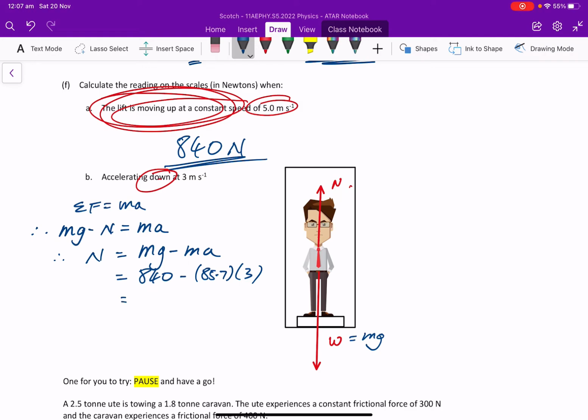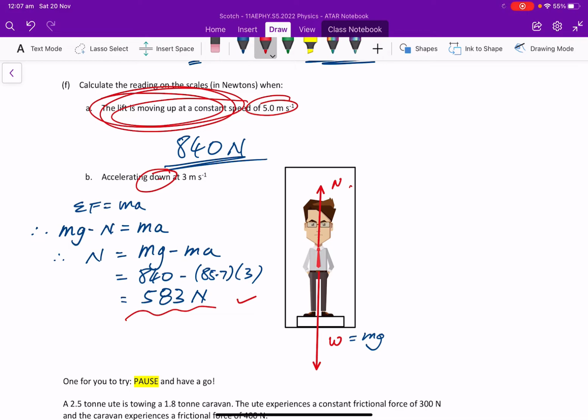You're going to feel a little bit lighter, aren't you? Okay, so if you're on the ball, you could just say it's 85.7 times the 9.8 take 3, which is 6.8. It's as if g is 6.8, we're on a lighter planet, it's going to be 583 newtons. If you got that, well done. If you didn't, watch this a couple of times so you really start to get it, okay?